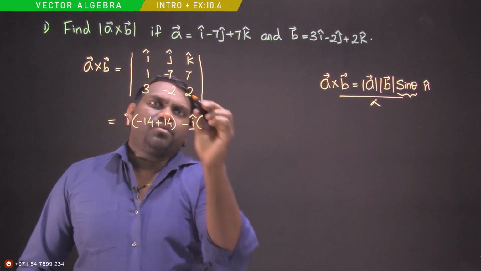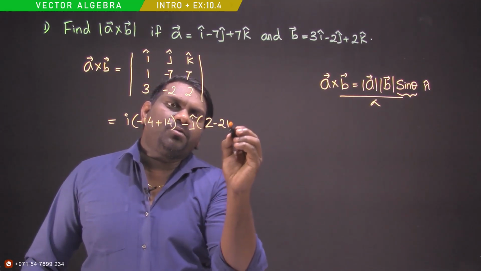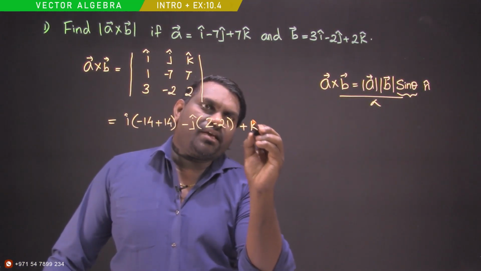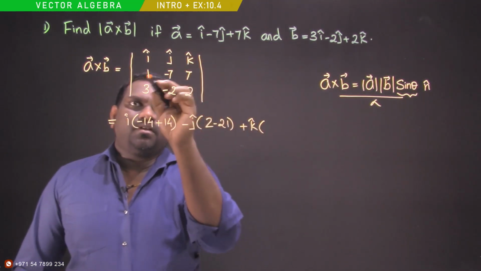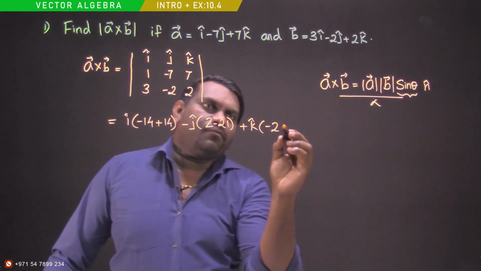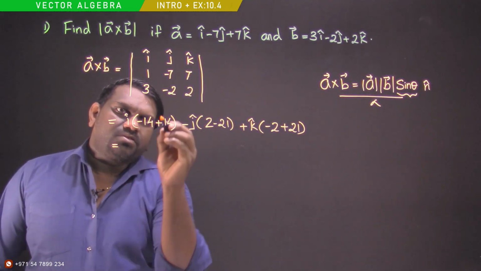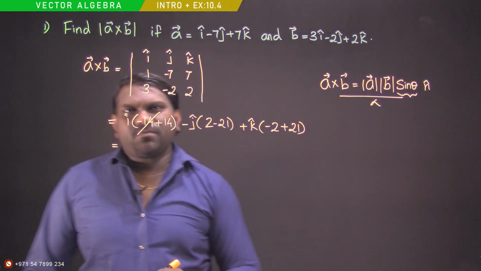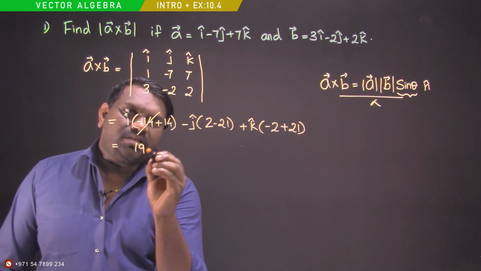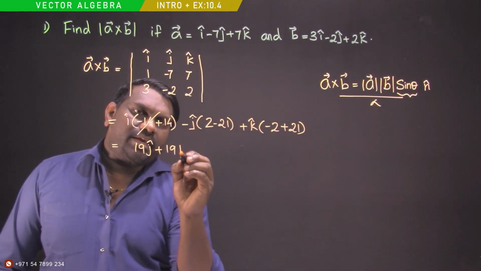So it will be 2 and 1, so 2, then -21. Then you have K cap into these two, so -2, and you have +21 here. So these two, -14 and +14, obviously 0. And over here you have 19 J cap and this one too, 19 K cap, dear.